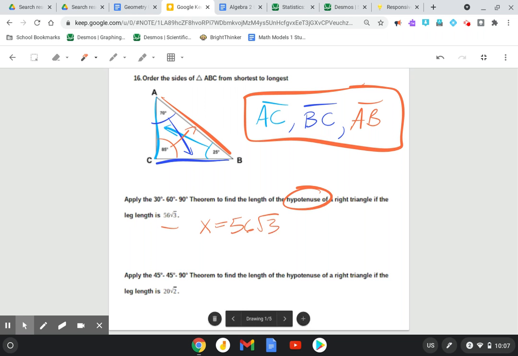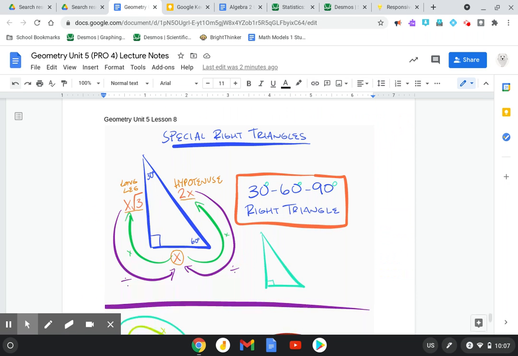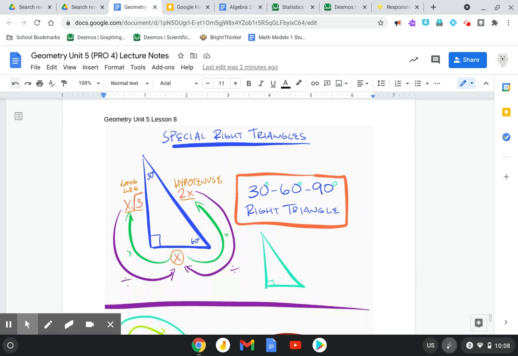But the hypotenuse is 2x. So then we do 2 times 56 square root of 3, and we get 112 times the square root of 3. And that comes from the fact that we are going from the length of the leg to the hypotenuse. So we do 2 times the number we started with. And that's how you do all of these.